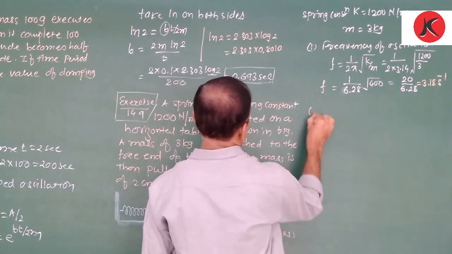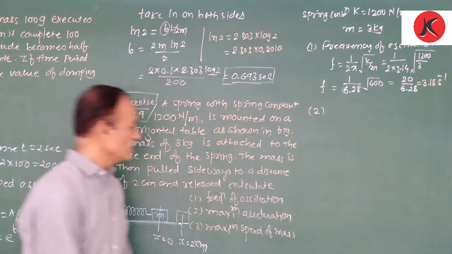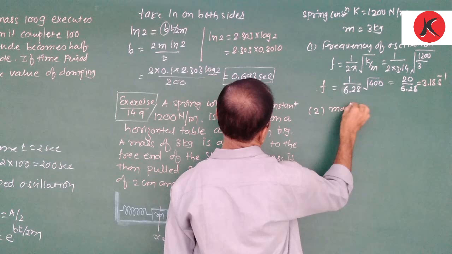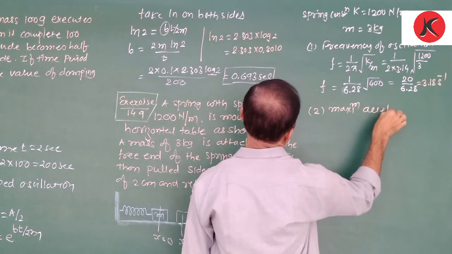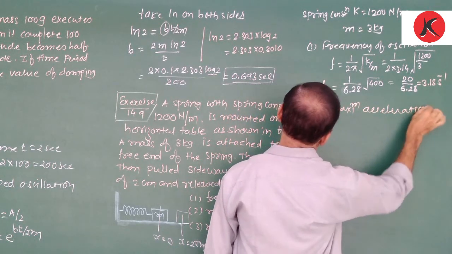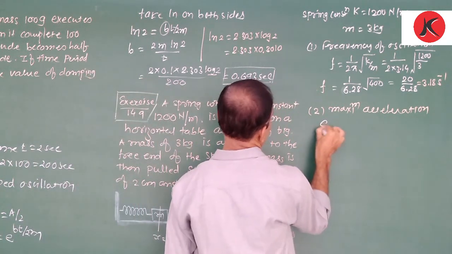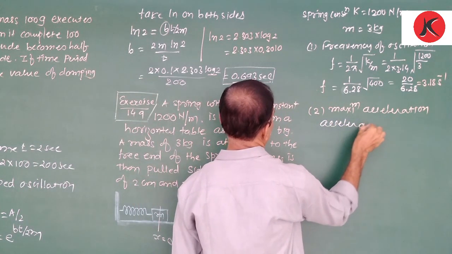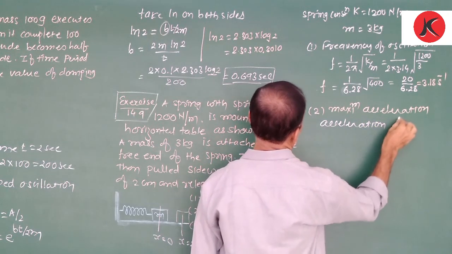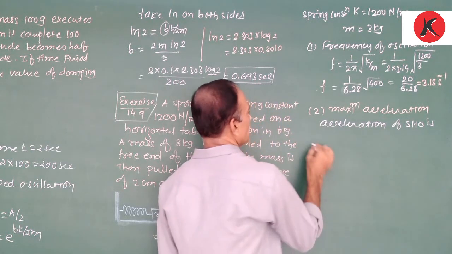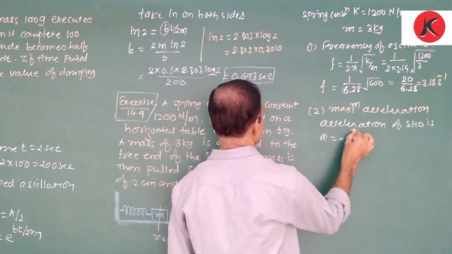Now the second part, we have to find out the maximum acceleration. Acceleration of a simple harmonic oscillator is a is equal to minus omega square x.